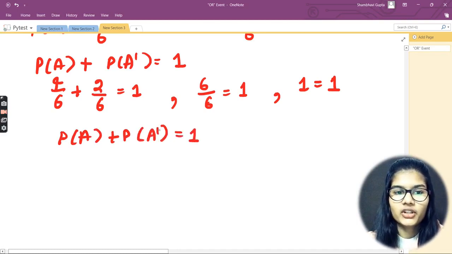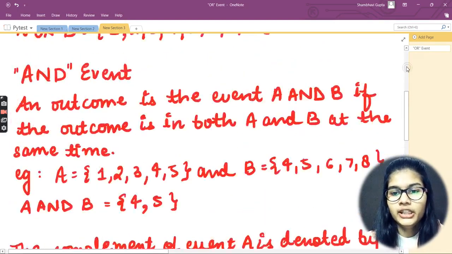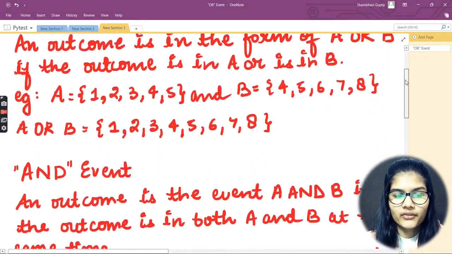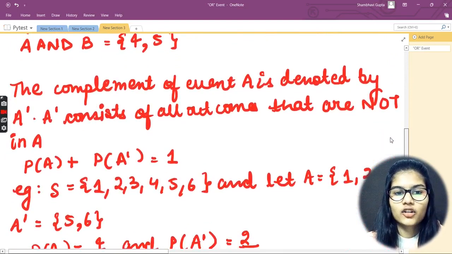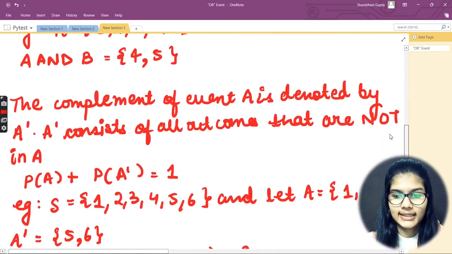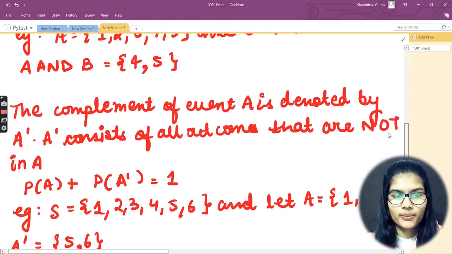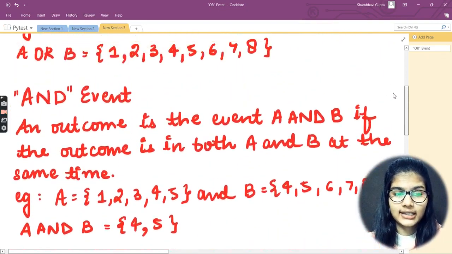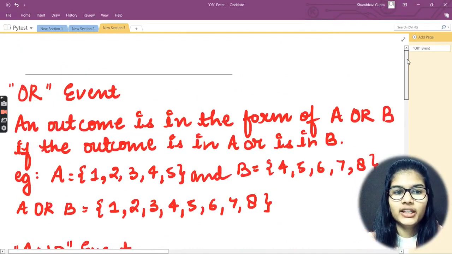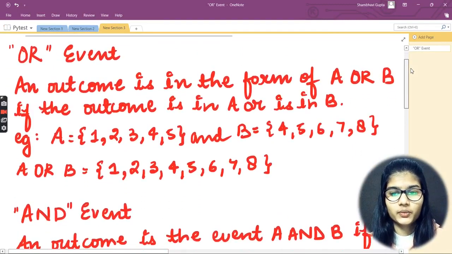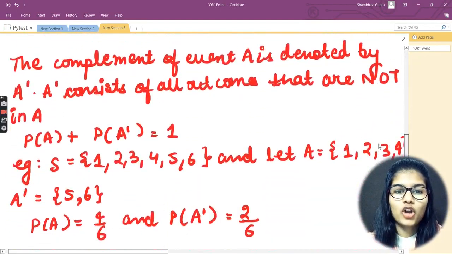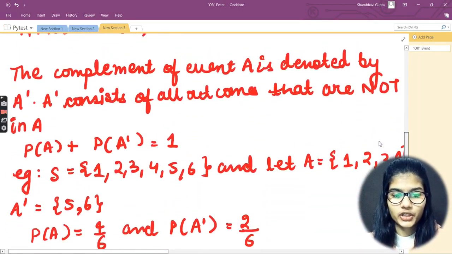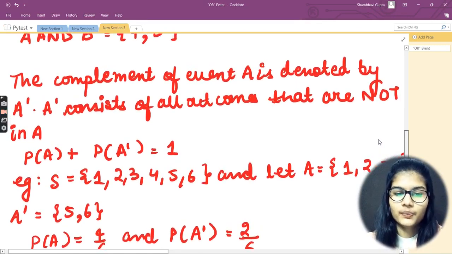I hope this is clear regarding the OR event, the AND event, and the complement of event A: how to find the complement, how the OR and AND events are executed, and how you calculate them.